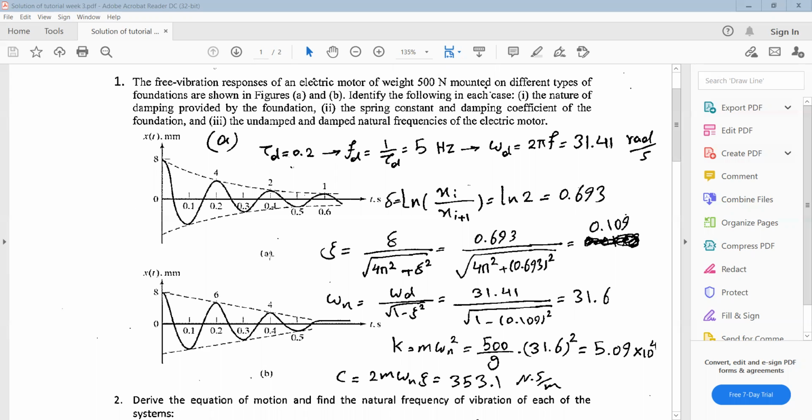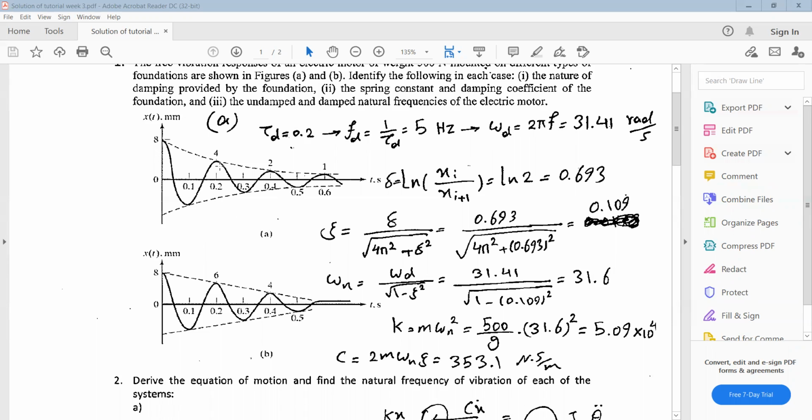So for case A, in part 1, we want to obtain the nature of damping. So we can compare part A and B. To obtain the nature of the damper, we need only to look at the amplitude and how it decreased by time.